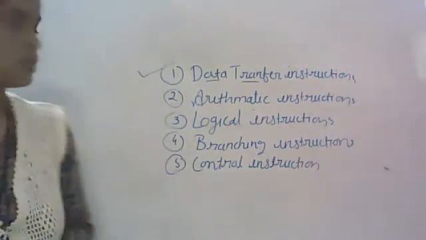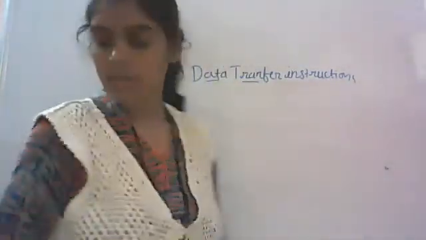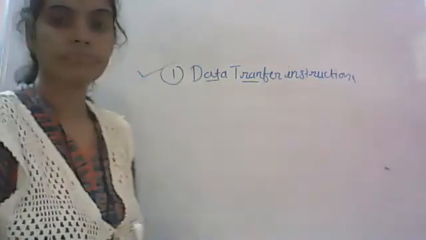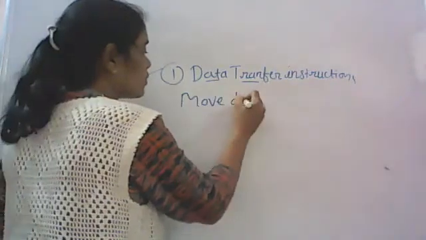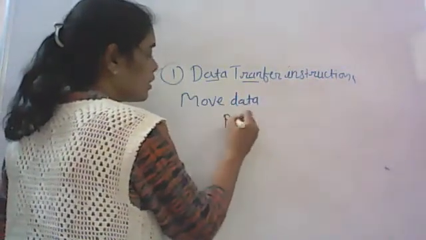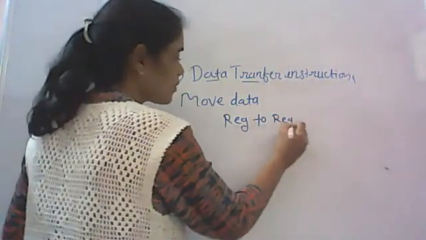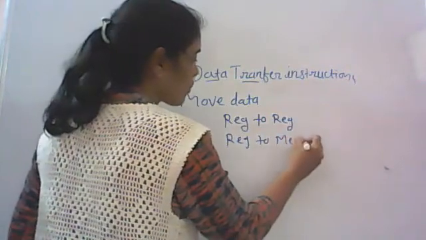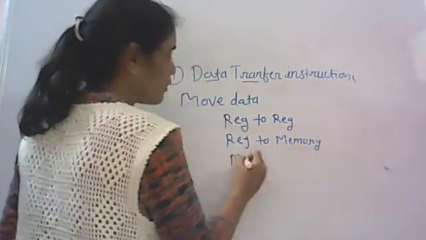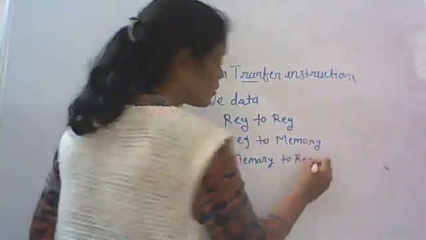So see the first data transfer instruction. In this data transfer instruction, data moves between register to register, register to memory, and memory to register.